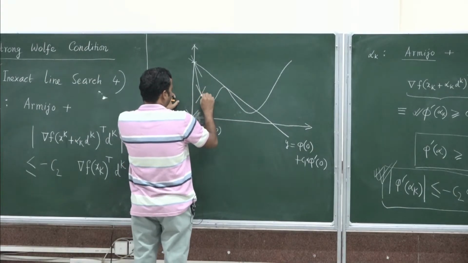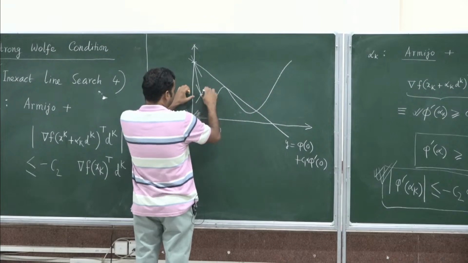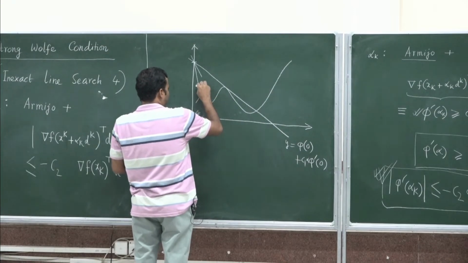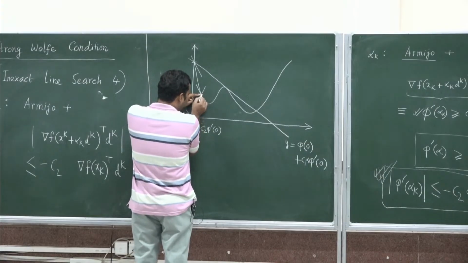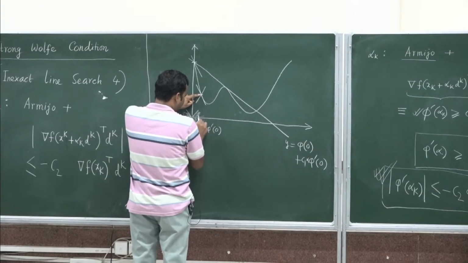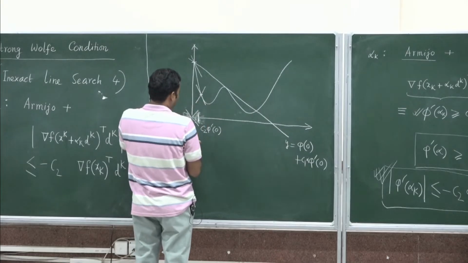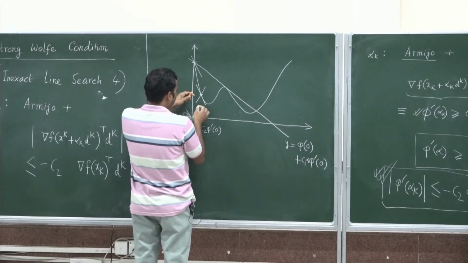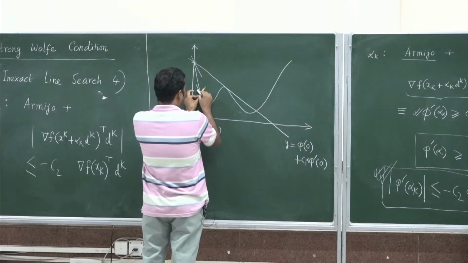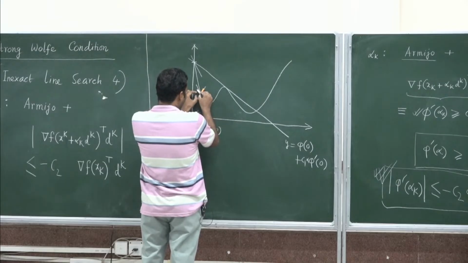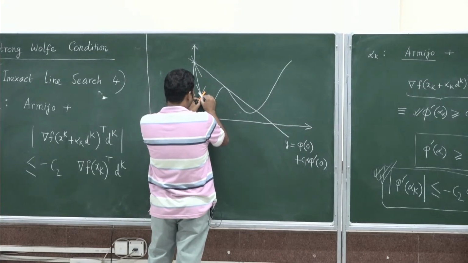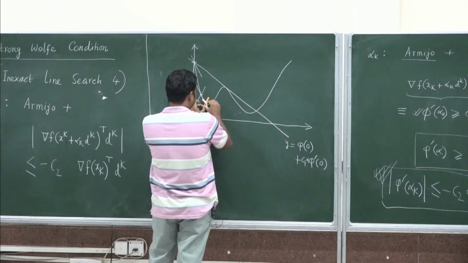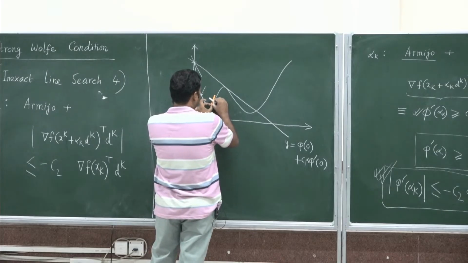So starting from here, the graph will slowly, slightly after this value, be in this shaded region. Now the graph has to be inside this region or that region, right? So I keep on moving, and then we see whether the graph lies in between these two lines or not.